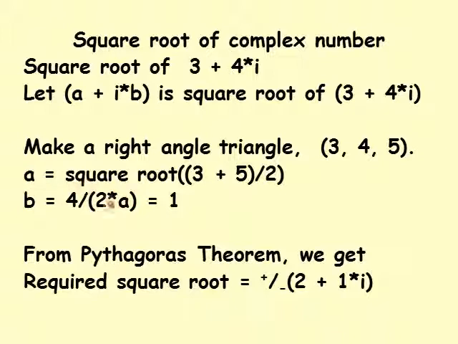We just computed a, so that's 2 times 2 is 4. 4 divided by 4 is 1. So the imaginary part of the answer is 1, and the required square root is again plus or minus (2 plus 1 times i).